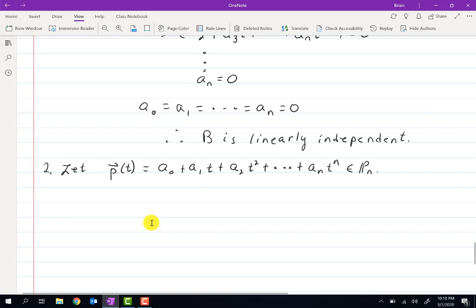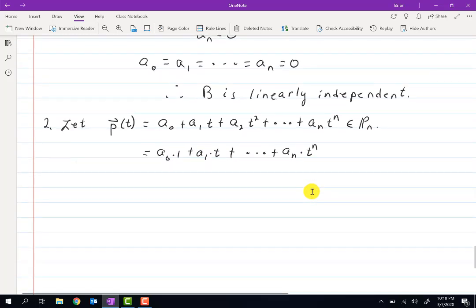And there you have it. This equals a naught times 1 plus a1 times t plus up to a sub n times t to the n. So the vectors 1, t, all the way up to t to the n do in fact span. So b spans Pn. Therefore, b is a basis for P sub n.